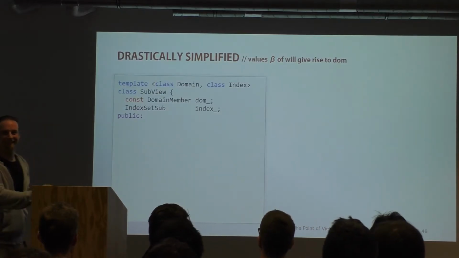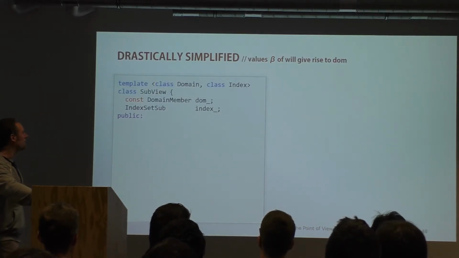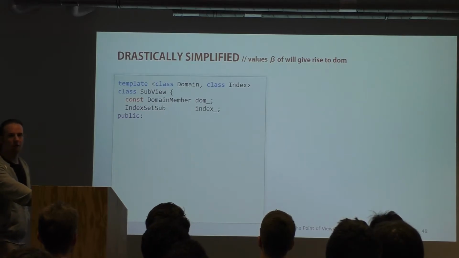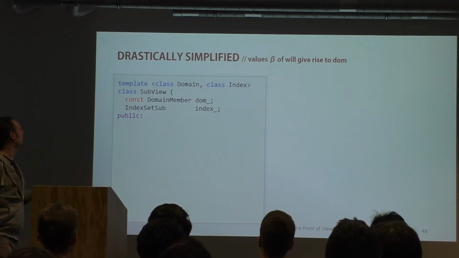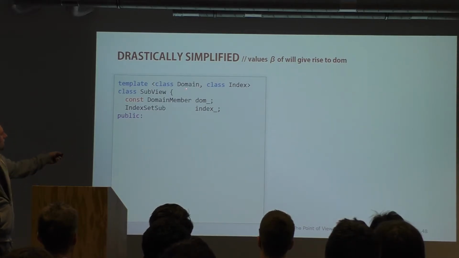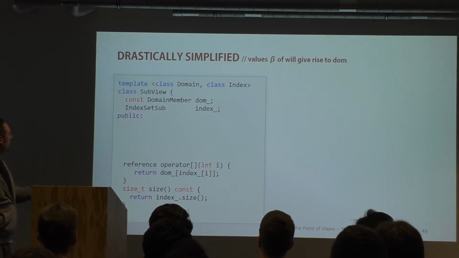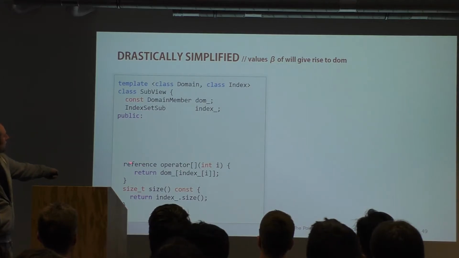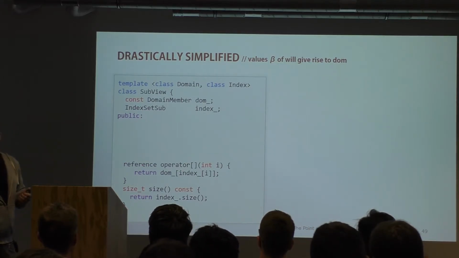Code, finally. So this is a drastic oversimplification of the actual implementation, but just to show the basic idea behind it. So a view is a mapping from a domain based on an index. And for this mapping, you have, for example, the subscript operator expecting an index.